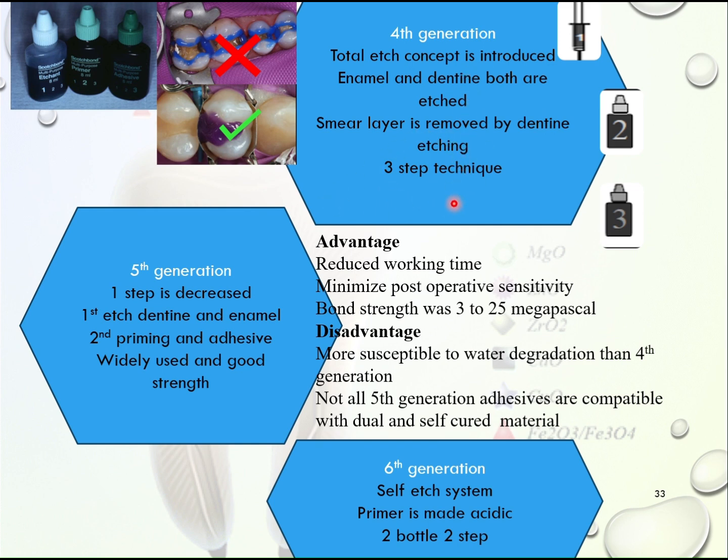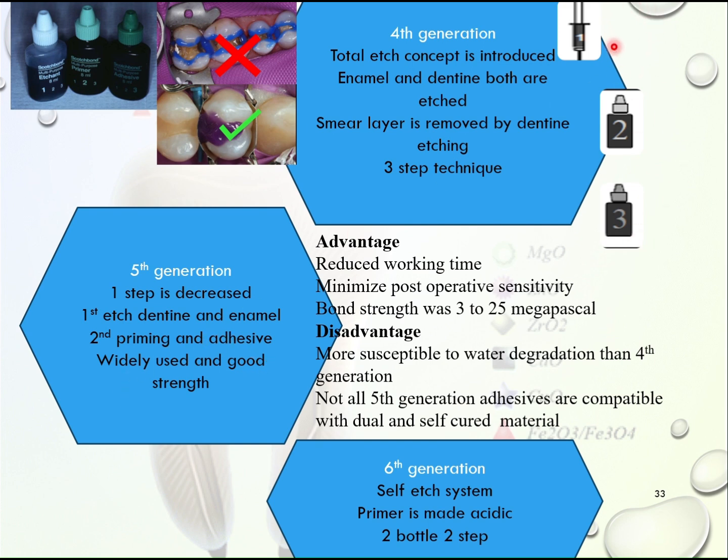That is the 3-step technique, where first the etchant is applied, then the bonding agent is applied, then the composite restoration is applied. Then coming to the 5th generation, we had a 2-step technique, where first we etch enamel and dentin, then we apply priming and adhesive agent.